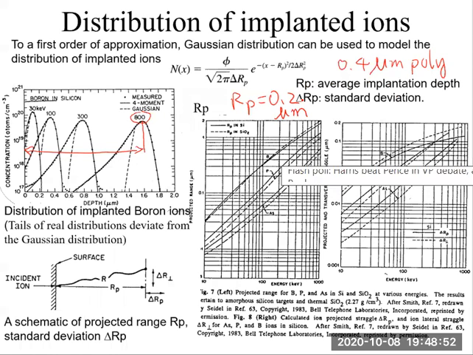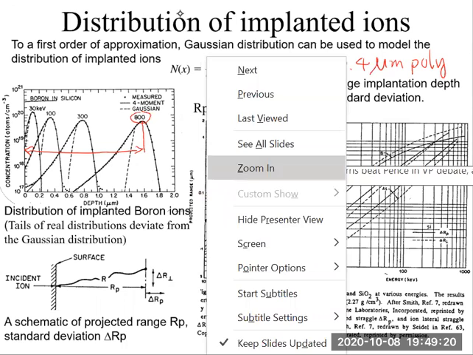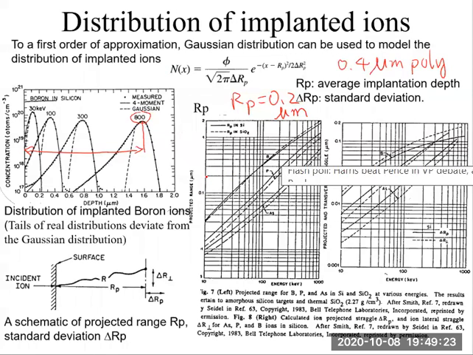So in order to achieve this 0.2 micron Rp, how large should the implantation energy be? Then we can use this curve. This is 0.1 micron, so 0.2 is this line. This line stands for 0.2 micron.